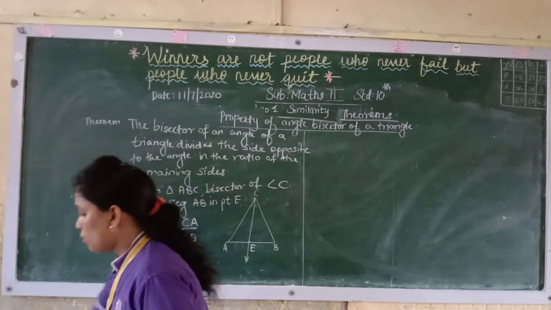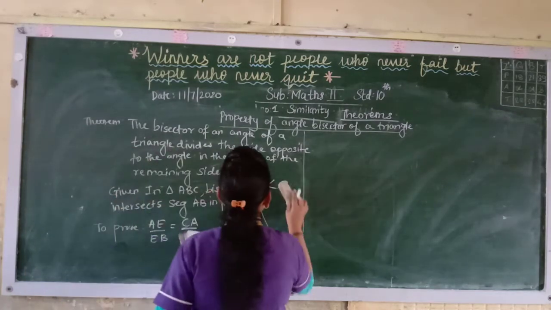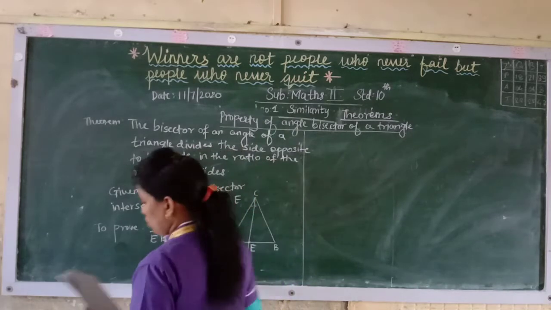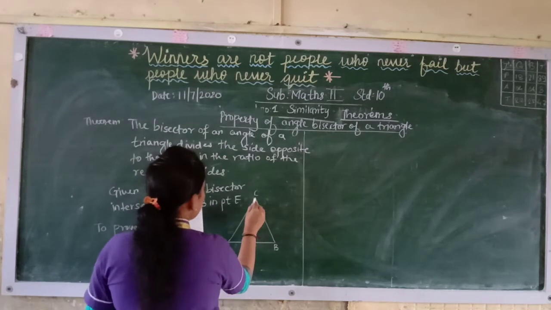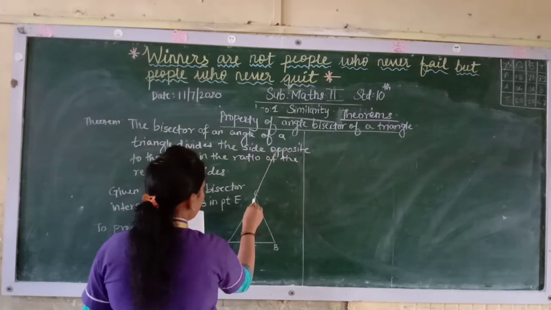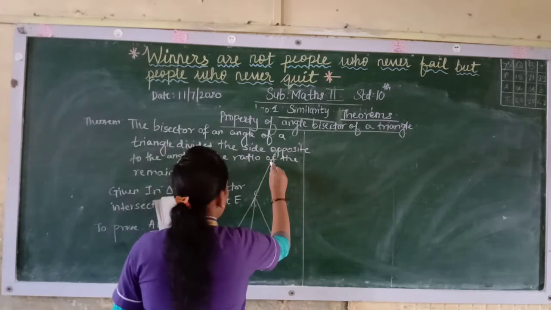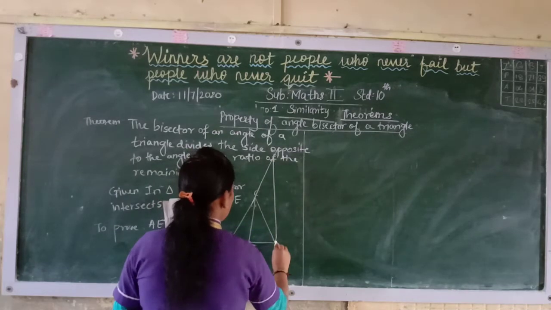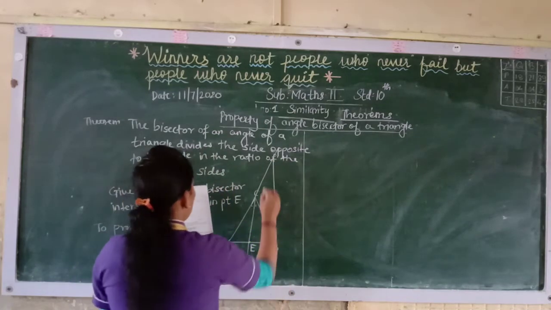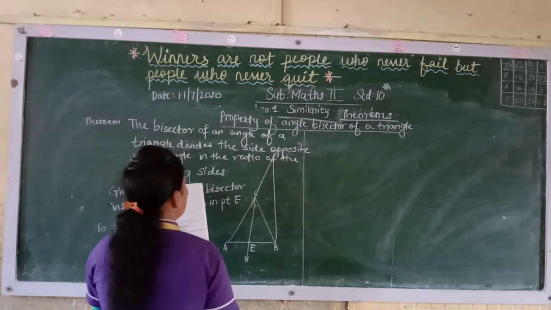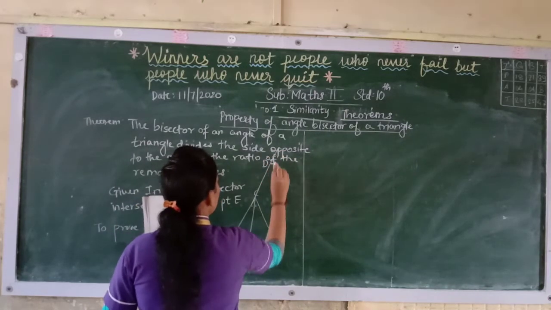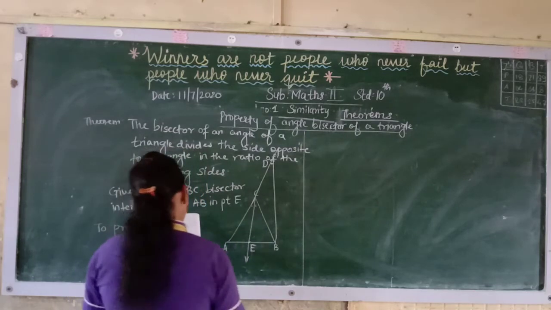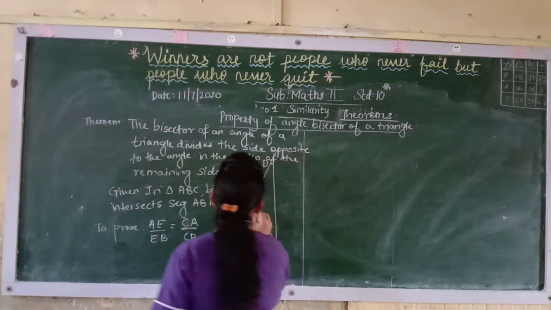See, now for this you will have to do a construction over here. So here you have to extend this AC and join this point, which is D. This angle over here is D. So now you will find these two angles are the same.